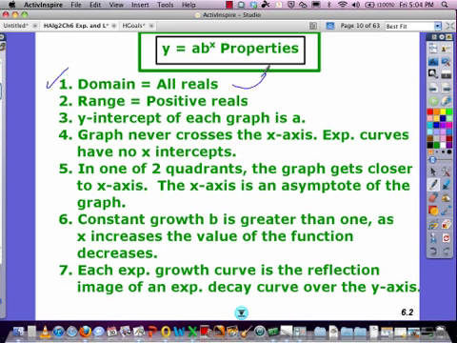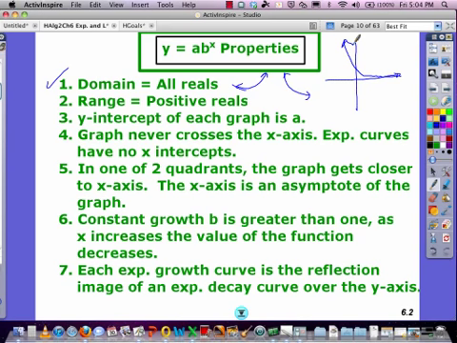So when you look at your growth situation and your decay situation, we would have had all real numbers. The range, positive reals, because remember, if I put axes in there and we have a growth situation, it's crossing the y-axis, but it never crossed the x-axis. It got very, very close and never touched it.